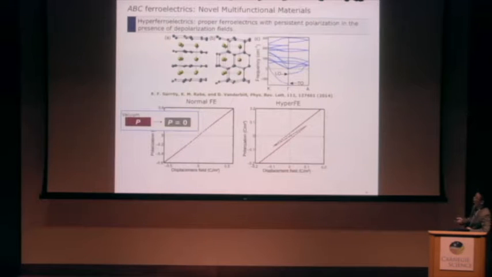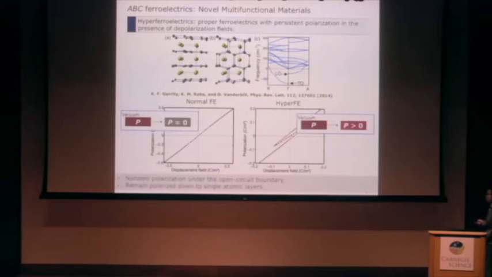I think this is now well established. In contrast, when you put a slab of hyperferroelectric in vacuum, it can still be polar. This really demonstrates the robust ferroelectricity supported by ABC ferroelectrics.